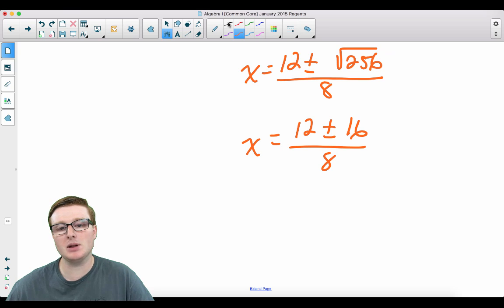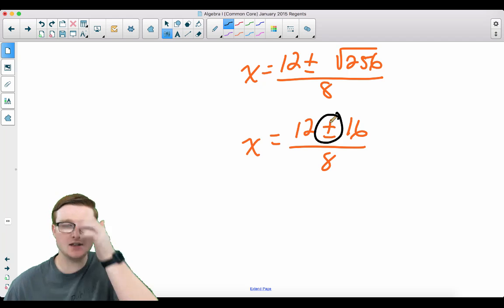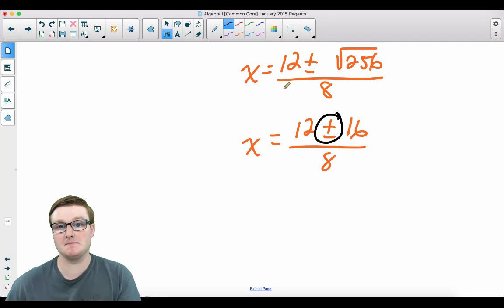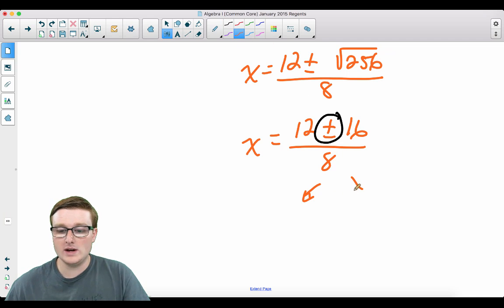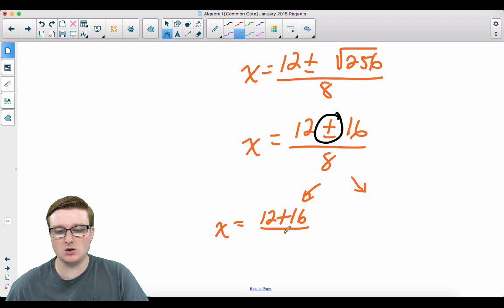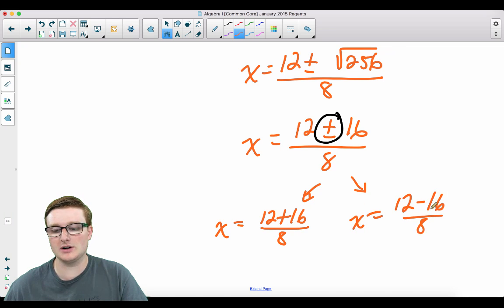Now, you see how there's a plus minus right here? That means that there are actually two solutions to this equation. We could state that x is equal to 12 plus 16 all over 8. And then we could state that x is equal to 12 minus 16 all over 8.